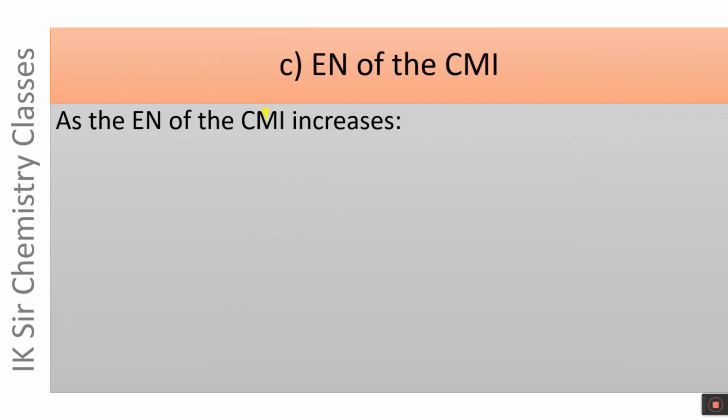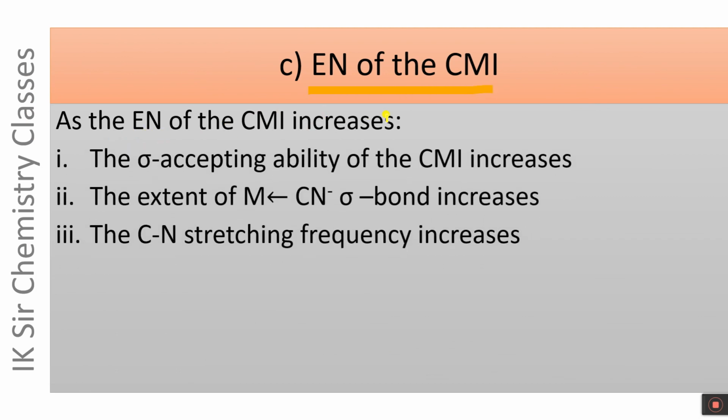The third factor is the electronegativity of the CMI. As the electronegativity of the CMI increases, the sigma accepting ability of the CMI increases. The sigma accepting ability of the CMI increases with increase in its electronegativity.